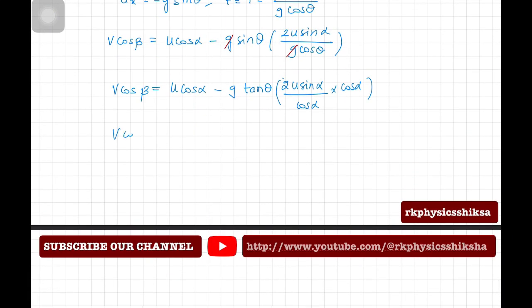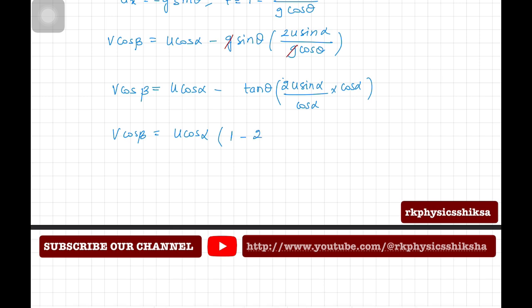So what will I get is v cos beta is equal to u cos alpha, if I take common out, I'll remain with 1. Oh, sorry, we will not have g here, it is getting cancelled. 1 minus, I'll remain with tan theta, and cos alpha is taken out, so it will become tan alpha here.